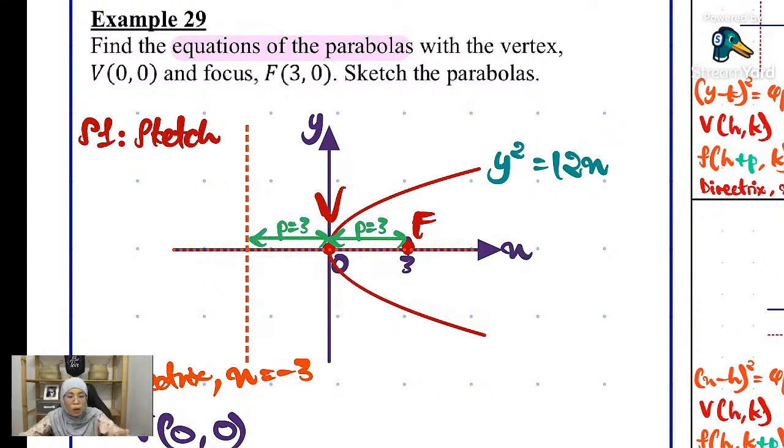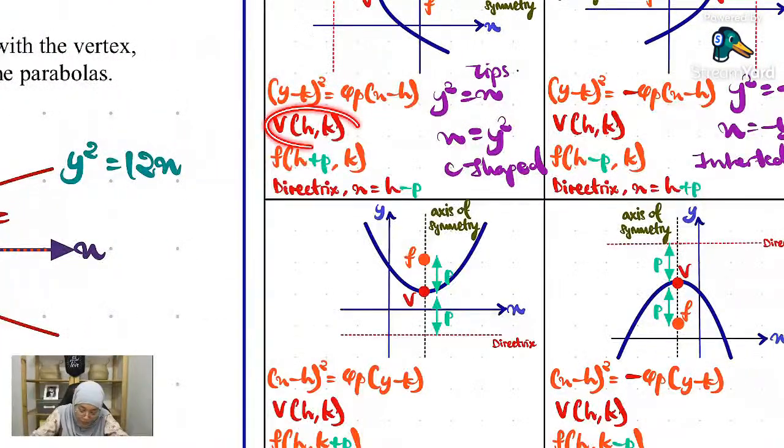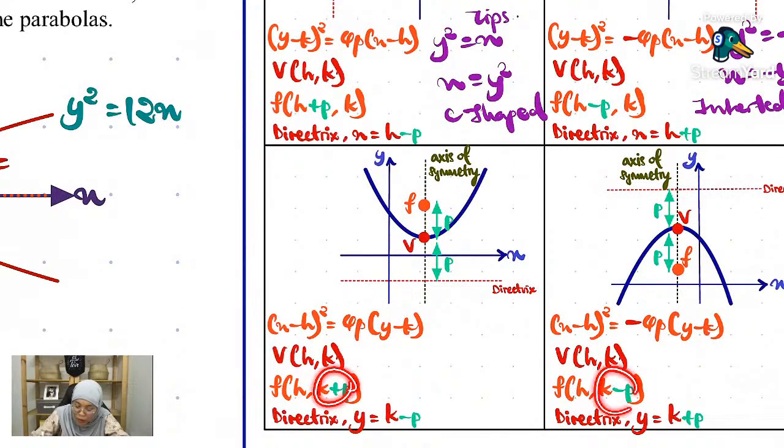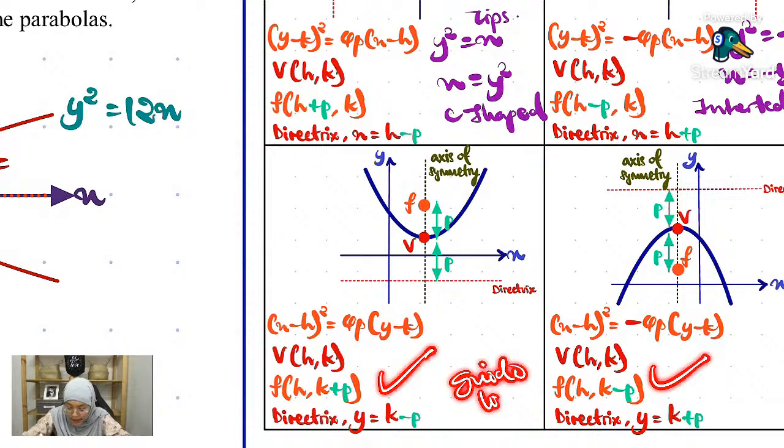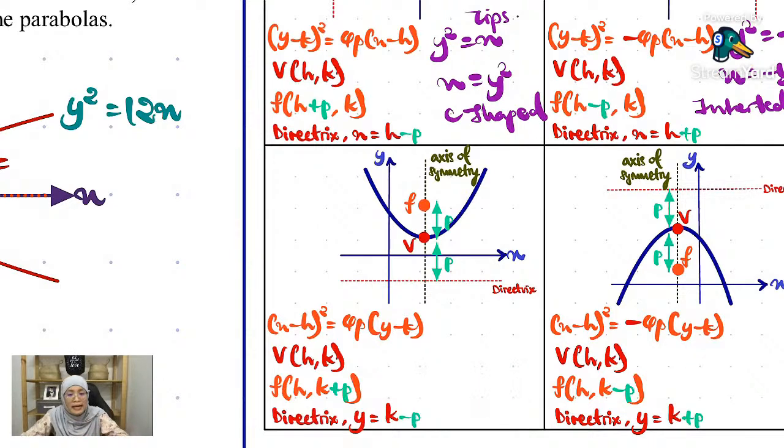Okay, sketch is so important because when you sketch, you do not have to memorize all this formula. H plus P, apa H tolak P, K plus P, K tolak P. I don't really memorize these things. This is just a guideline for me. No need to memorize. It's my opinion lah.